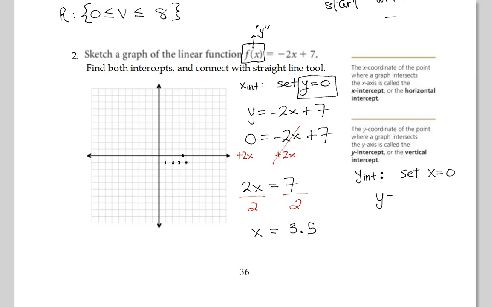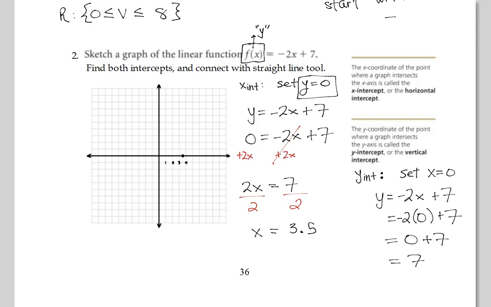Now when I go to use that equation, obviously I set the x to 0. What's negative 2 times 0? 0. 0 plus 7? 7.